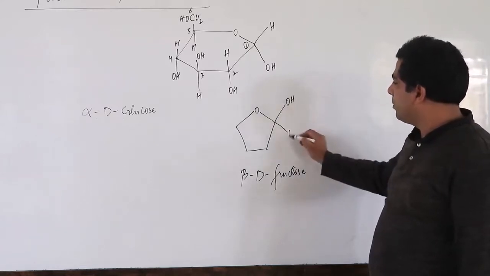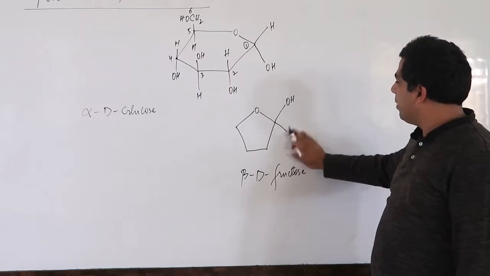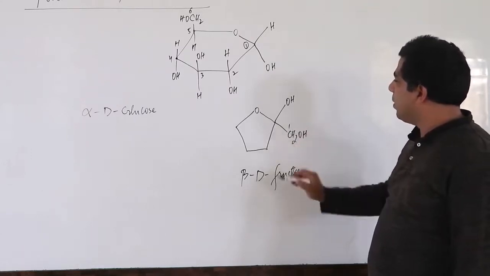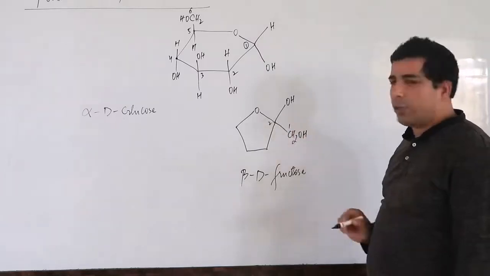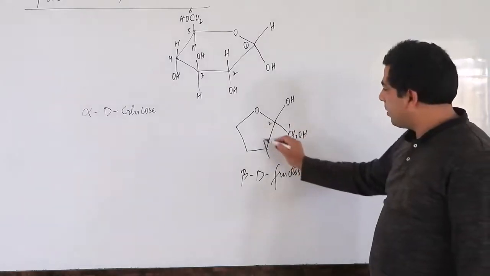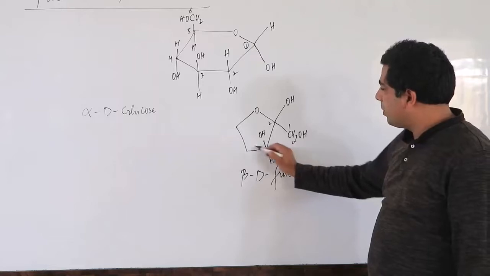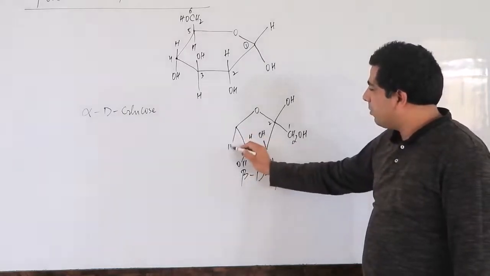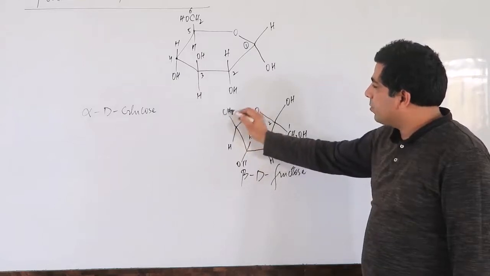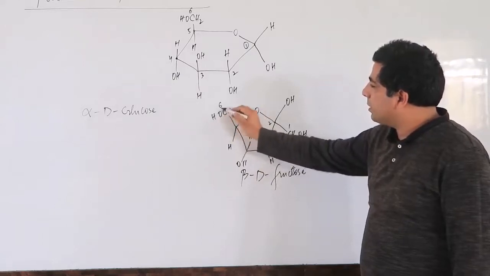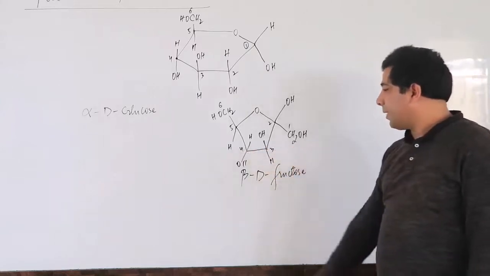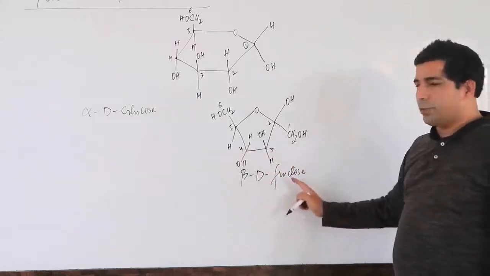OH, and here we'll be having one. The first carbon will be outside, so it will be CH2OH. That's one. And this is the second carbon, the anomeric carbon. And the third carbon, everybody knows, OH and H, OH, and finally we have H, and at last we have CH2OH. And this is the sixth carbon, fifth carbon, fourth carbon, third carbon. Correct? This is our beta D fructose.